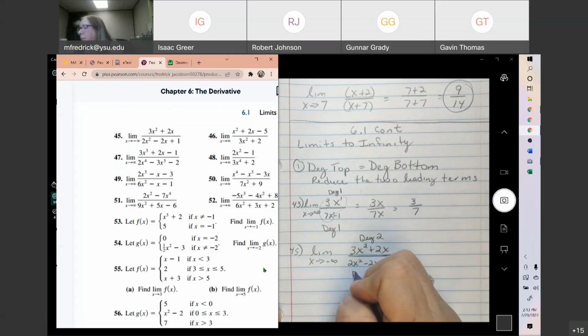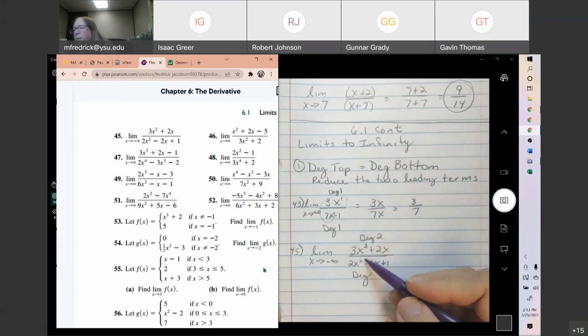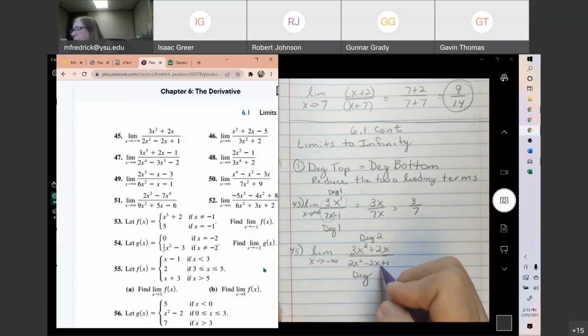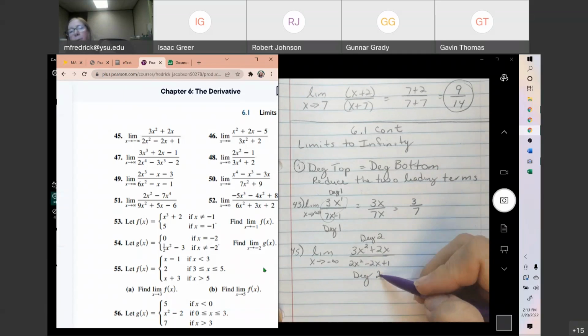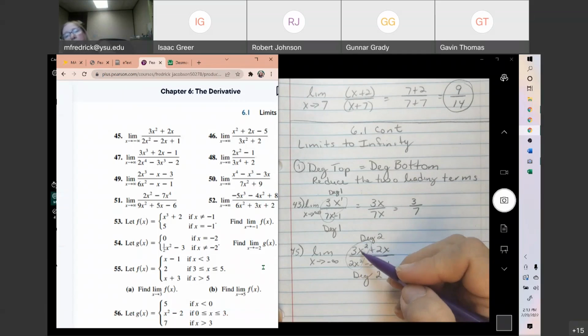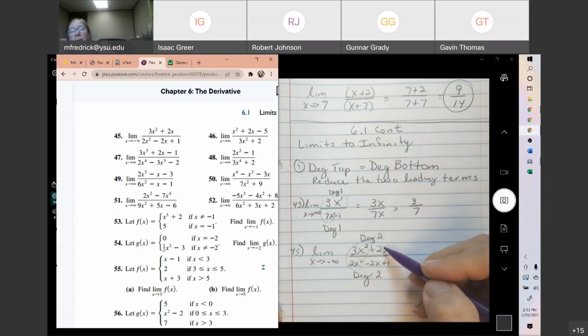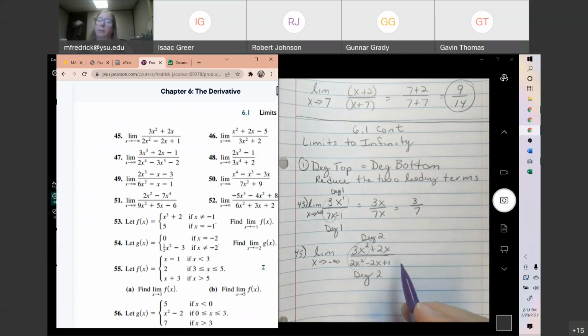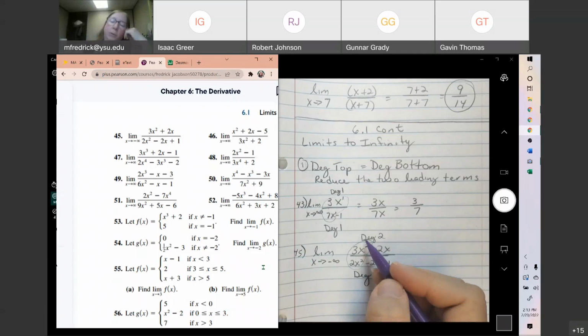So then the degree of the bottom is also the exponent, which is a 2. When these are both the same, then it's going to approach this largest degree term. Because when you're talking about a billion squared, 2 billion isn't much. So as the number gets larger, it will eventually approach these 2.